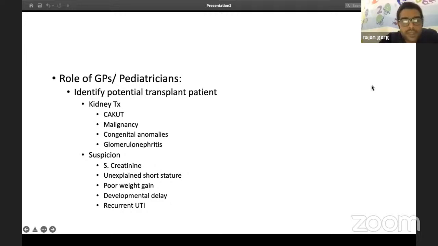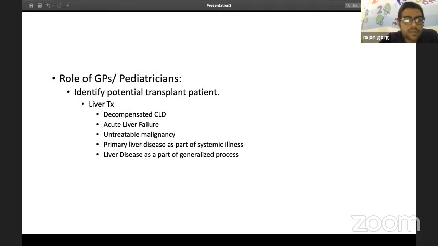Any patient who has a raised bilirubin, which is usually direct, because the patients are mostly of biliary atresia, who has a rising INR or prothrombin time, 1.5, 1.2, sometimes it can go up to 5, 6, any level it can go. Then a patient developing ascites, which is increasing over time.